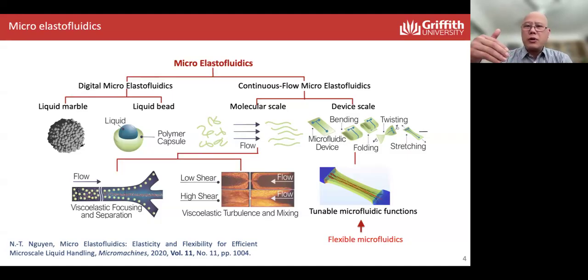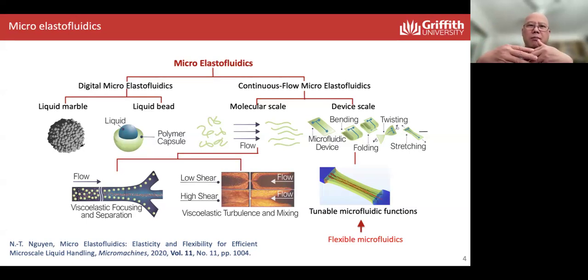Now, digital microelastofluidics is similar to conventional microfluidics, where you deal with droplets as a digital discrete entity for handling liquid. But instead of handling liquid itself as a droplet, now we make the liquid become solid-like.